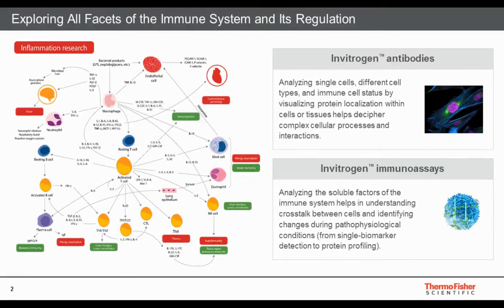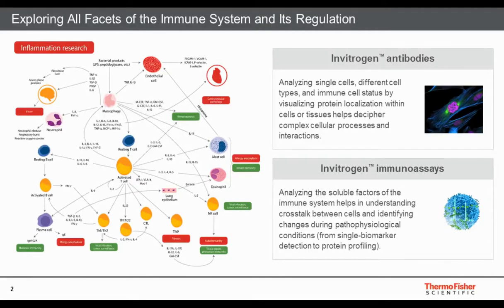Since for exploring all facets of the immune system, it needs both. It needs the antibodies to analyze single cells, for analyzing different cell types and the immune cell status by, for instance, visualizing protein localization within cells or tissues to help to decipher the complex cellular processes and interactions. And it needs the immunoassays.